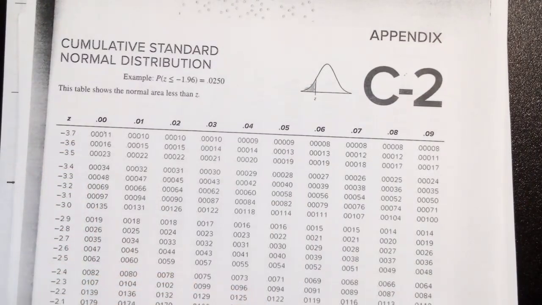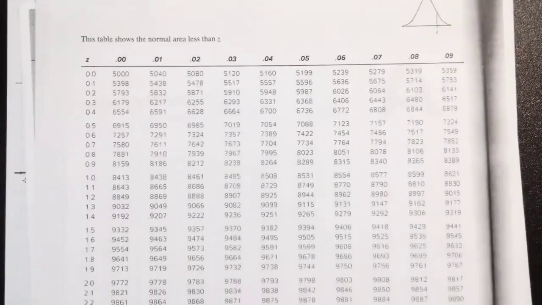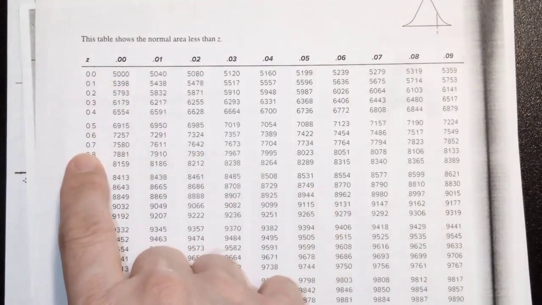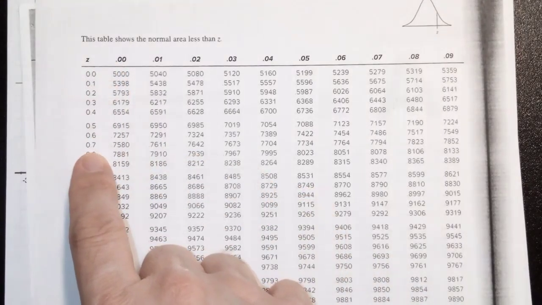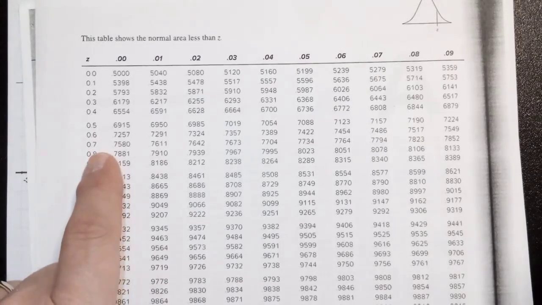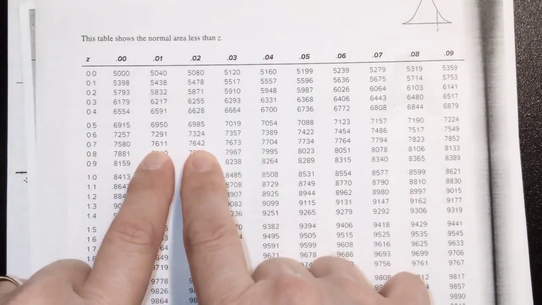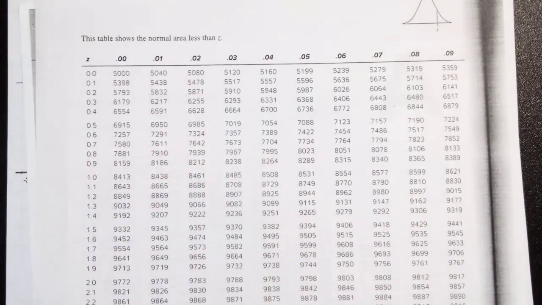All of the z values on this first page are negative, so I flip to the second page of table C2. 0.714 is going to be between 0.71 and 0.72, so the answer we got is between those two, about 0.762.